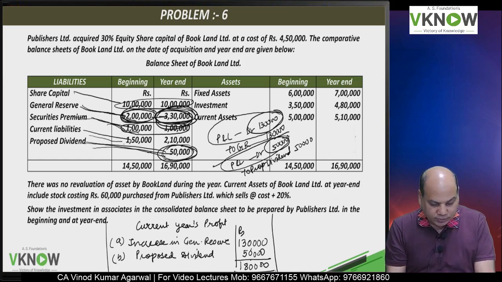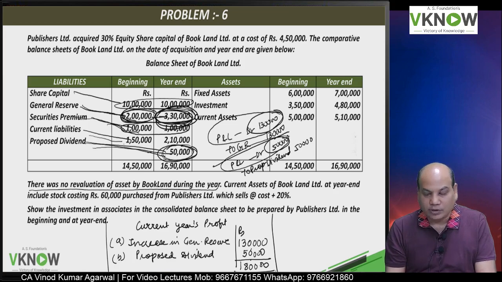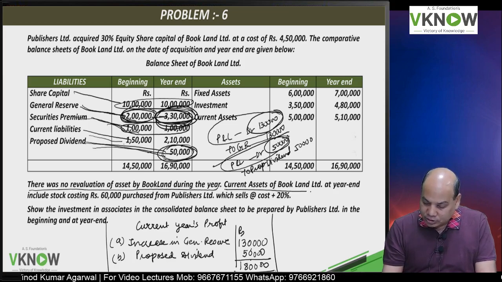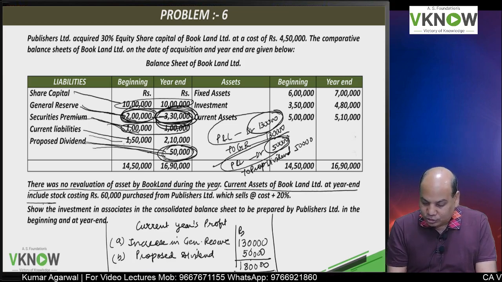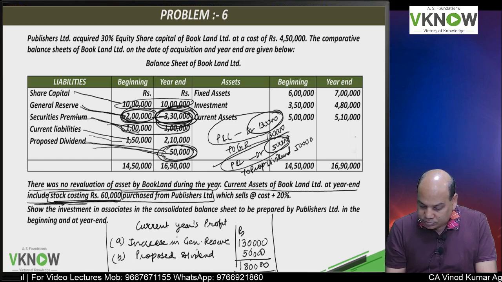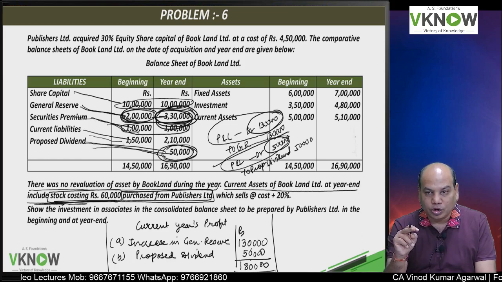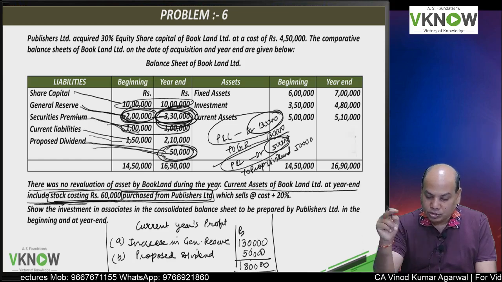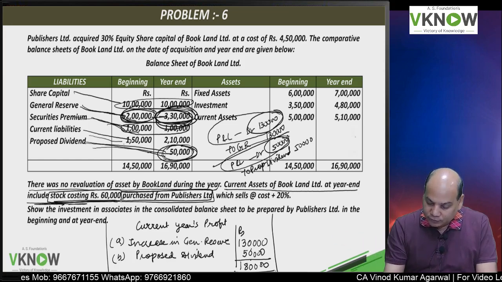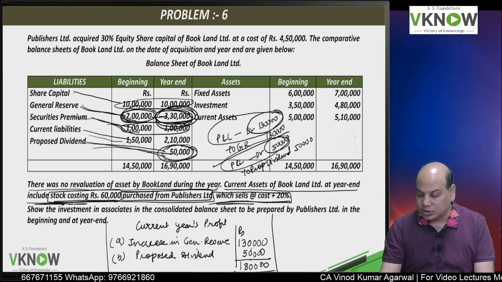Now the question is, there was no revaluation of asset by Bookland. Current asset of Bookland Limited at year end includes stock costing 60,000, purchased from Publisher Limited. So this is a transfer of stock from publisher to Bookland, and therefore there is an unrealized profit, as it sells at cost plus 20%.